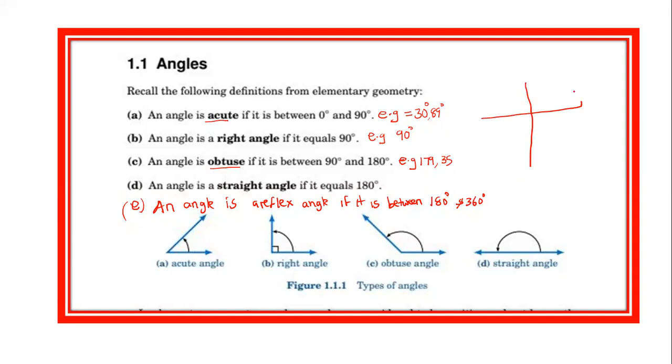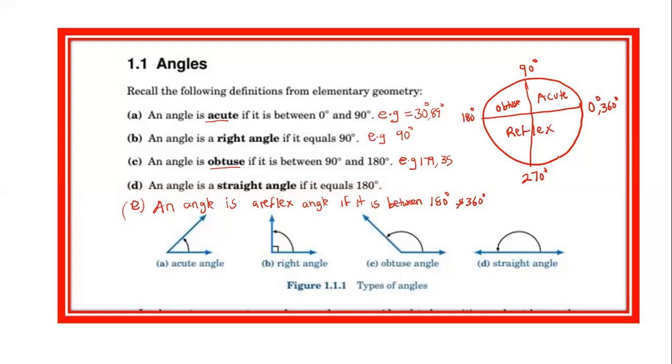Therefore, in summary, when I draw my circle like this, we have 0 degrees, 90 degrees, 180 degrees, 270 degrees, and lastly 360 degrees. The first one is the acute angle, then the obtuse angle, then down here the reflex angle.